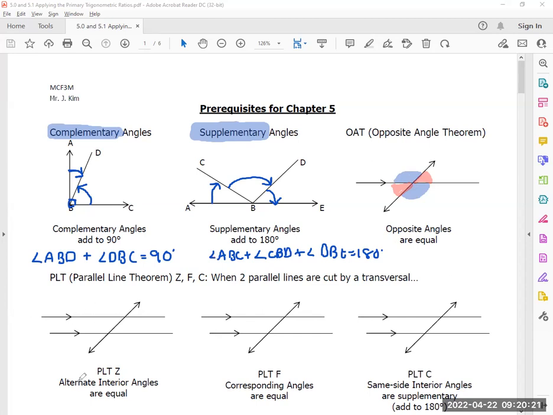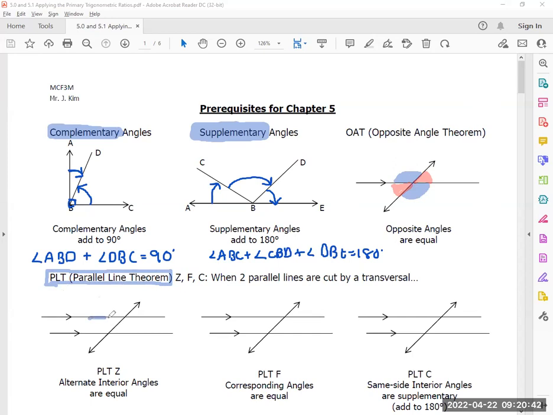All right. The next three are under the umbrella called parallel line theorem. Okay? We can't necessarily prove it, but it happens every single time. And so we can conjecture and therefore we can indirectly prove. I'm not going to go into the definition of theorem, but here we go.